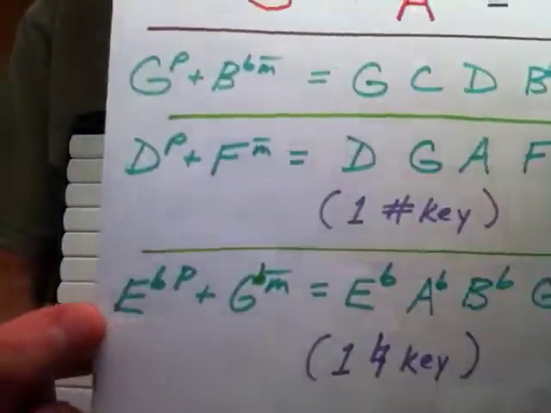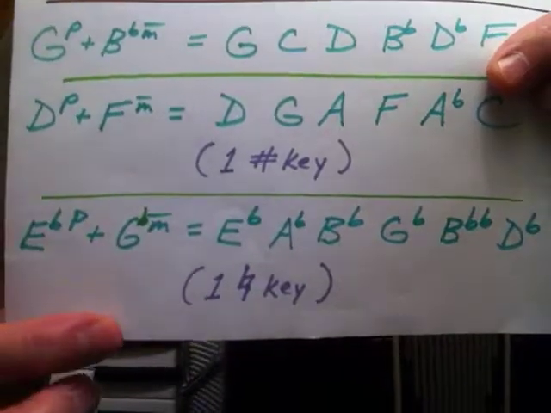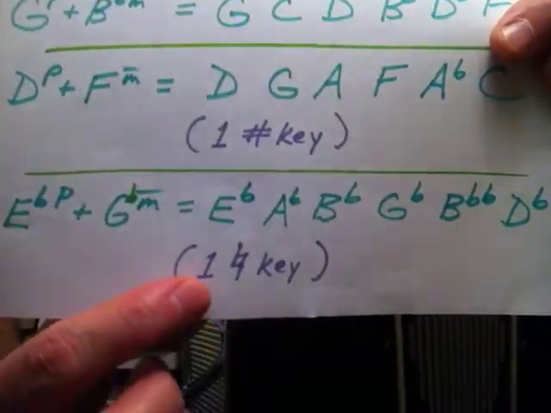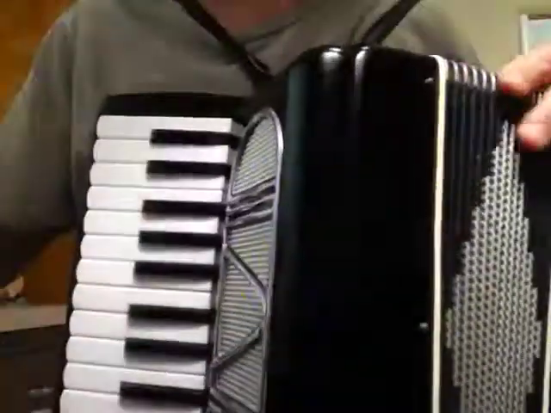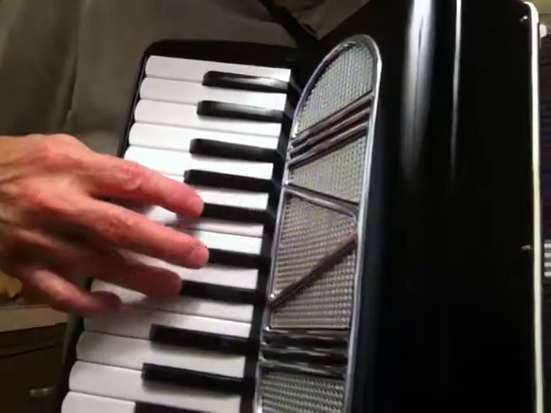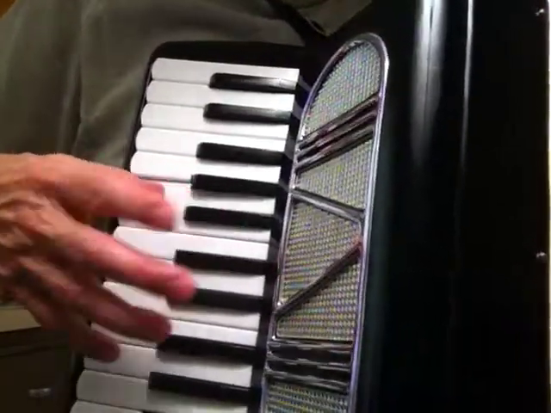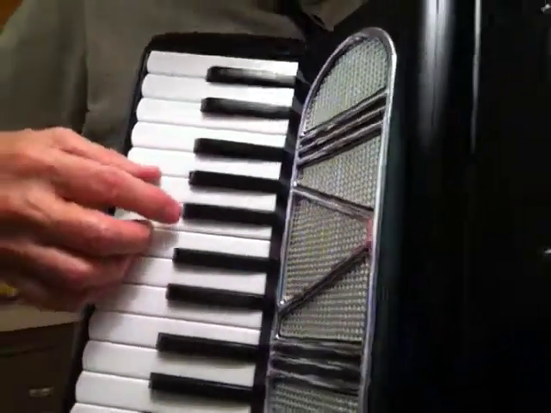That's supposed to be an E flat perfect chord and a G flat minor, and that way you get a scale, and you only have to use one natural key. In fact, I'll show it to you here. See one white key?